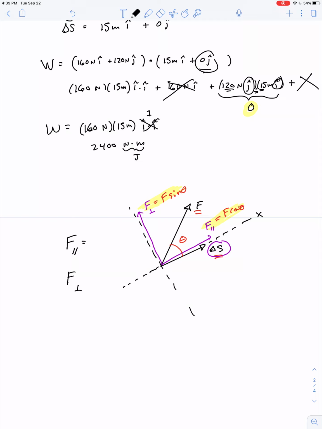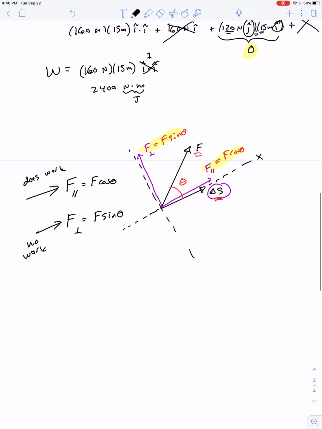So force parallel to the displacement is F cosine theta. The force perpendicular to the displacement is F sine theta. This component of the force does no work. This component does work.